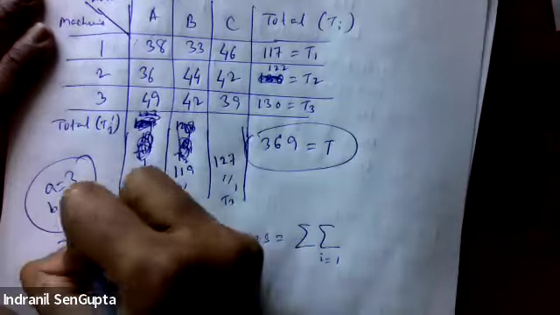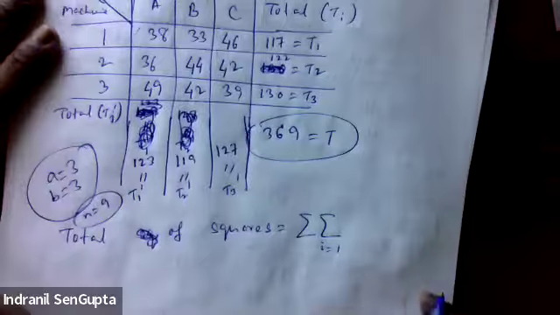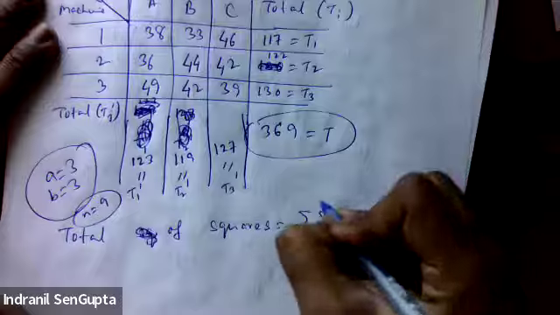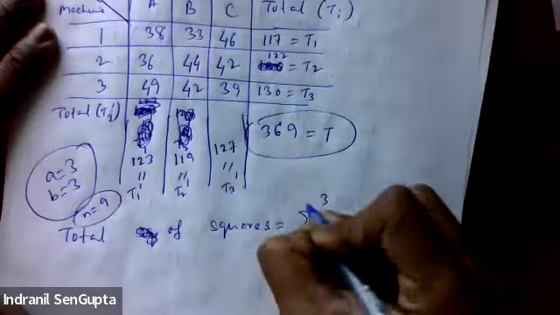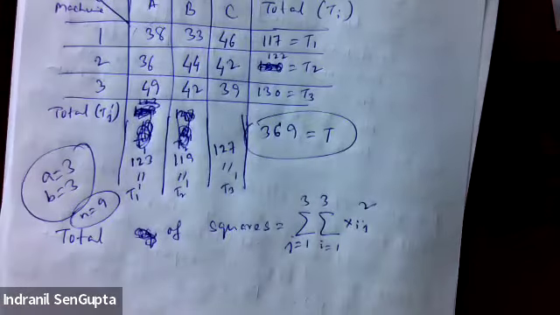So n is 9. N is a times b, which is 9. I from 1 to 3, j from 1 to 3, Xij squared.